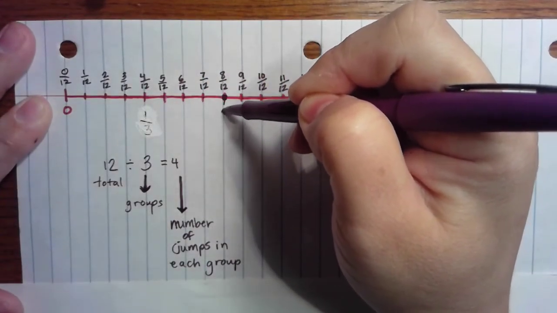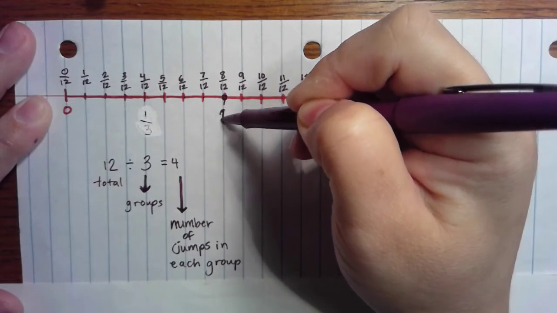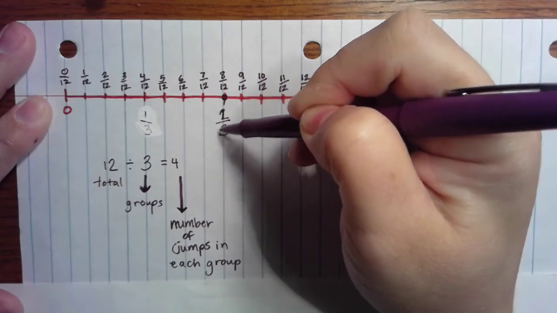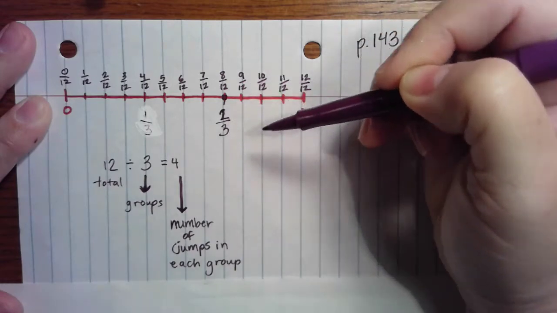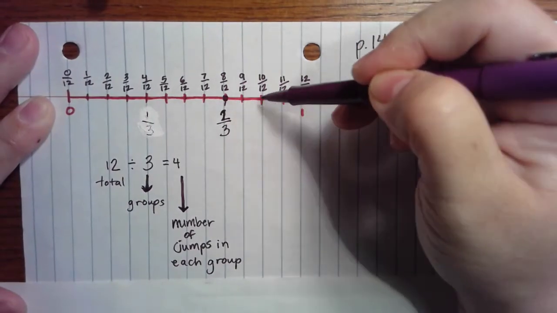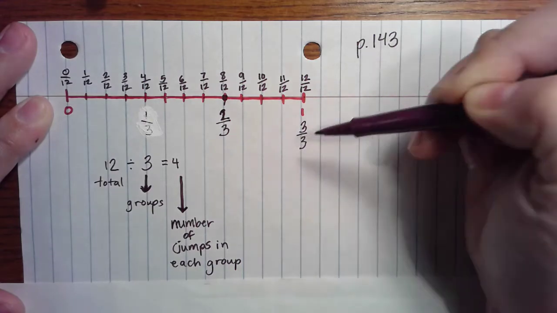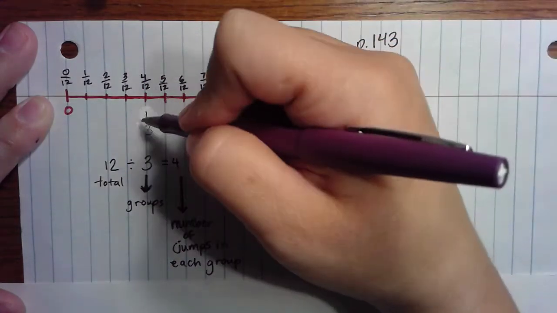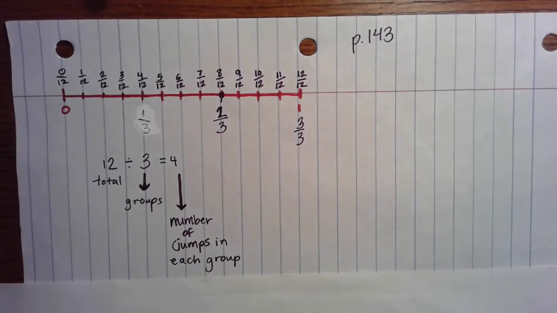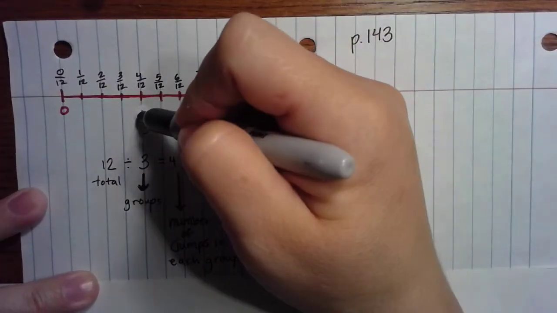Here's my second third. And 1 jump, 2 jumps, 3 jumps, 4 jumps. Here's my third out of 3. So I know this one's hard to see. Let me try with a different marker.